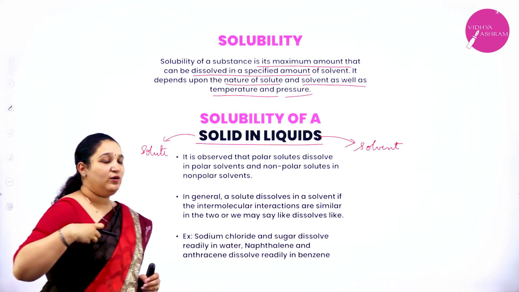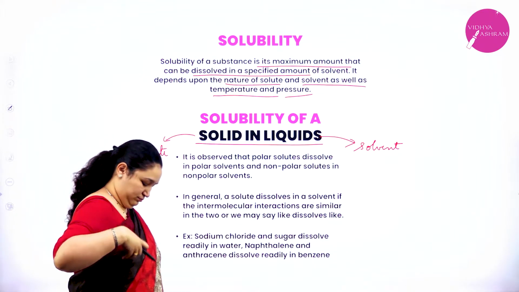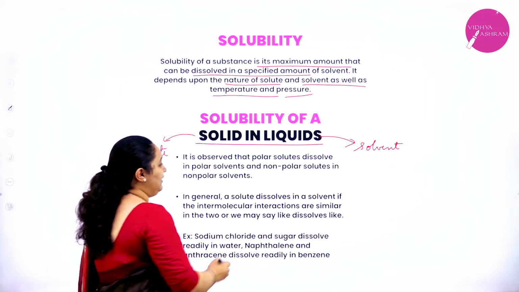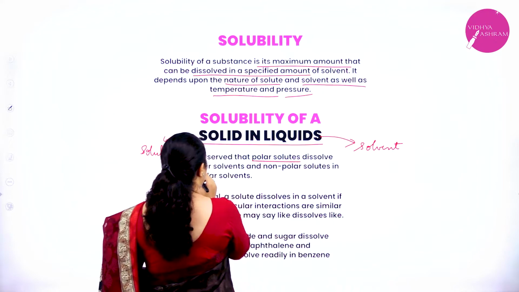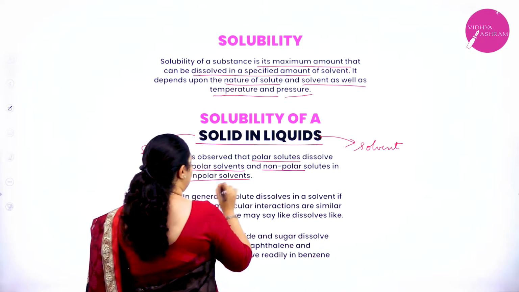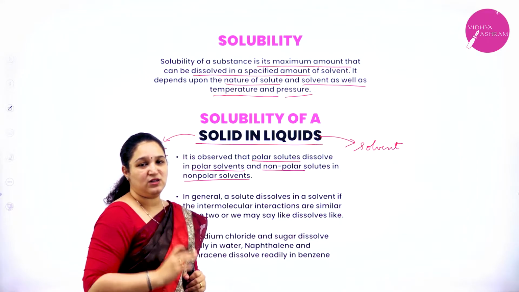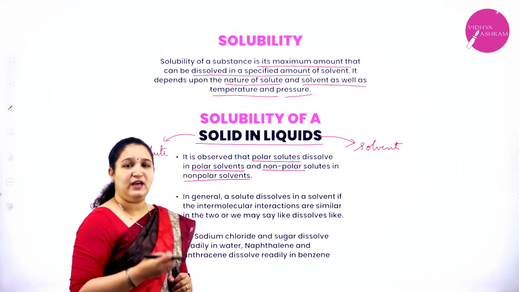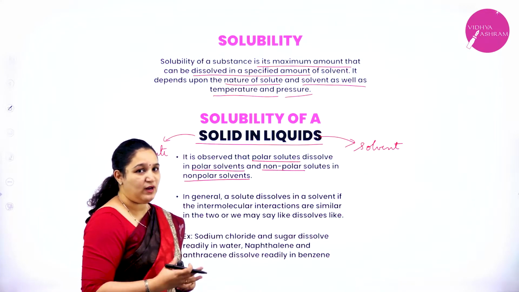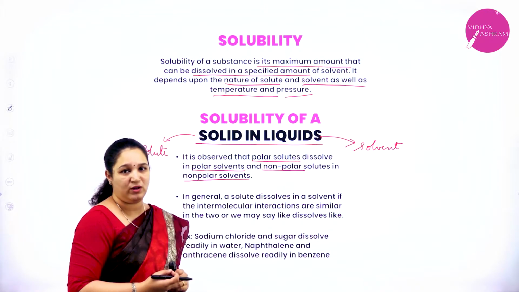Now here it is observed that polar solute dissolve in polar solvent, non-polar solute dissolve in non-polar solvent. For example, if we take sodium chloride, NaCl, it's a polar molecule, it's an ionic molecule, correct?